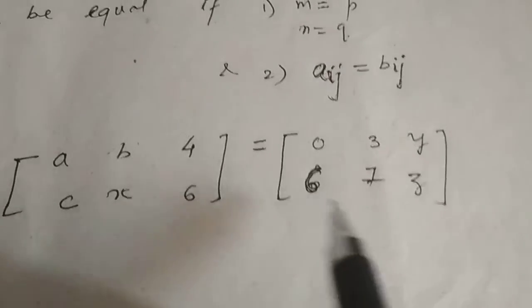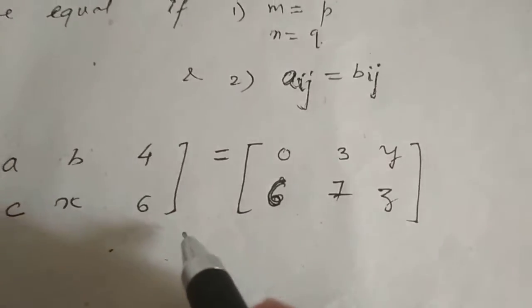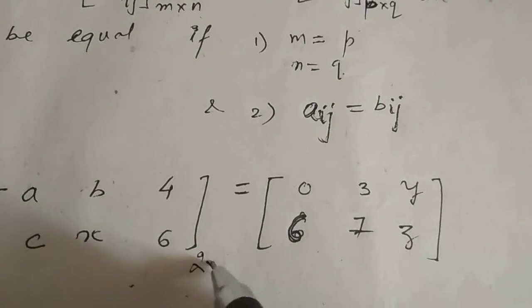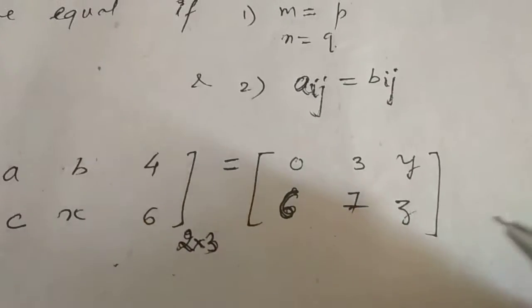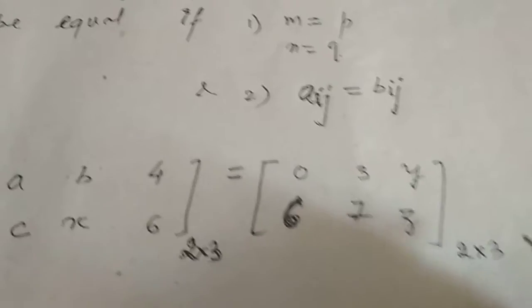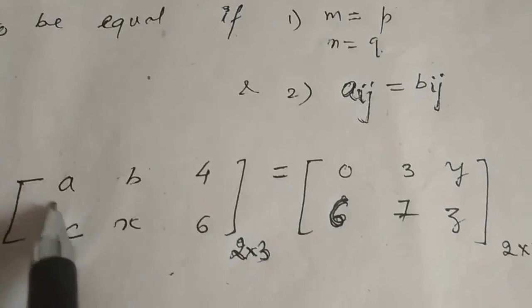For example, these two matrices are equal. Obviously, the first matrix has 2 rows and 3 columns. Order is 2 by 3. It is very clear that this one also has 2 rows and 3 columns. The first condition is satisfied, and all corresponding elements must be equal.